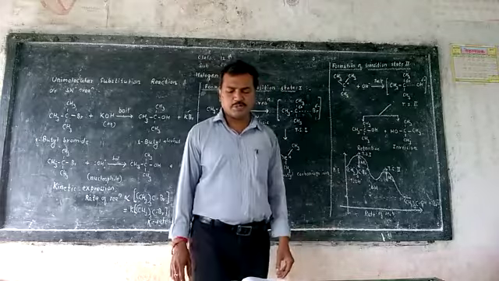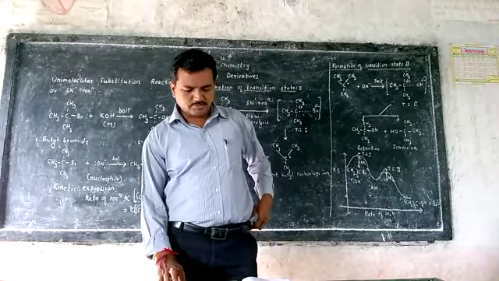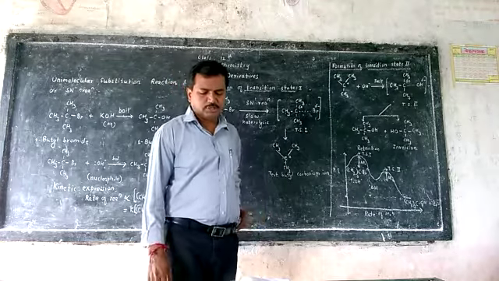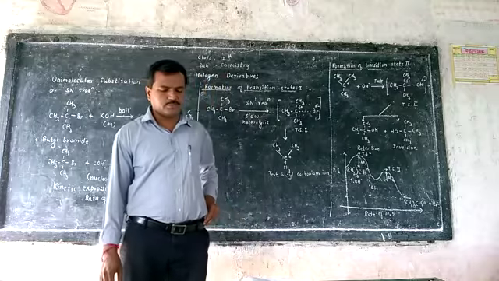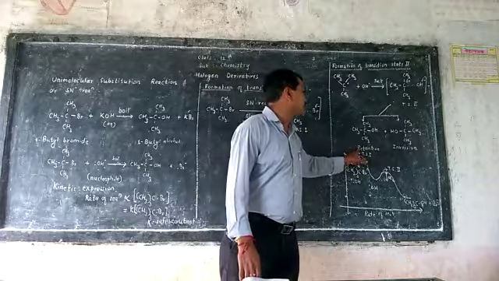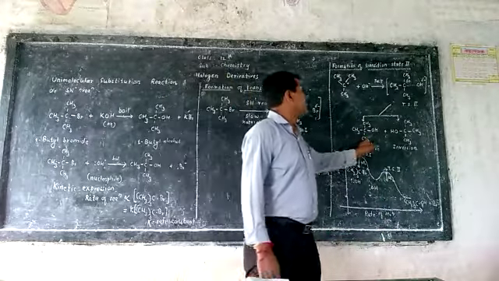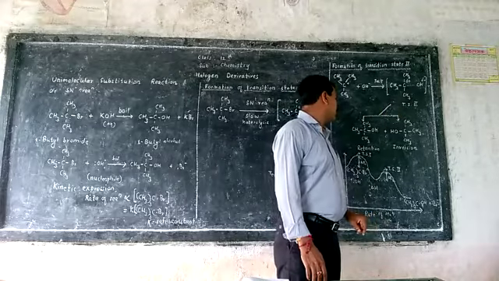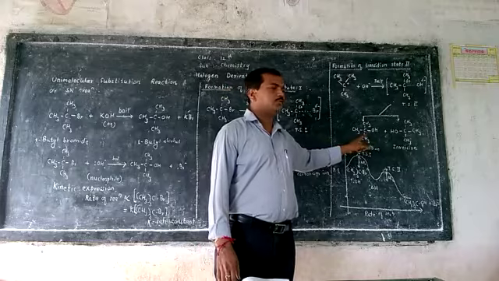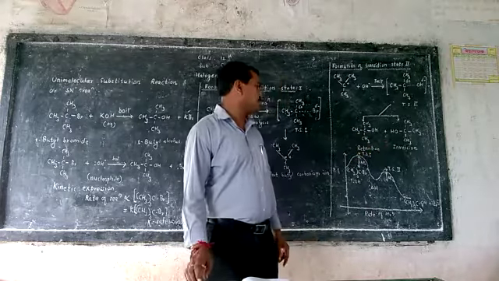So the bond between carbon and Br negative breaks, resulting in formation of tertiary butyl alcohol with retention and inversion of configuration. During this step, transition state 2 is formed. So here we get 50% retention product and 50% inversion product.